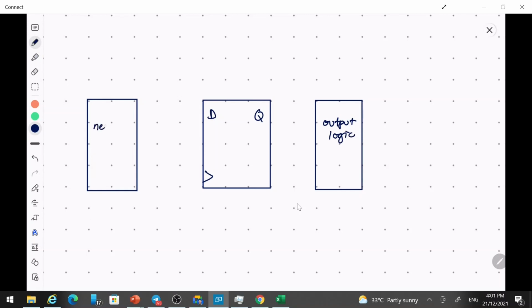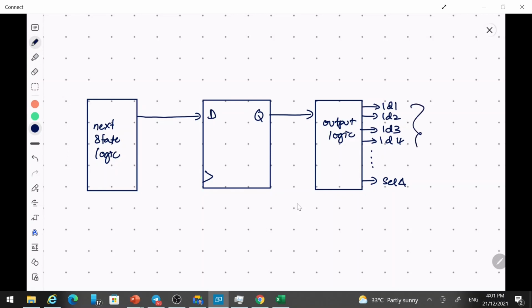This is the next state logic, right? And the output here will be the control unit, which is LD1, LD2, LD3, LD4, until the number 13 one, which is SEL A. All are 13 bits.